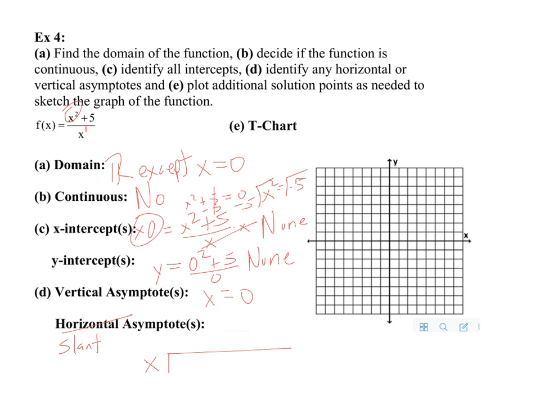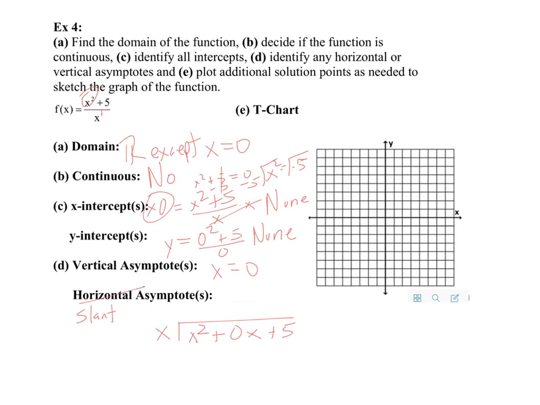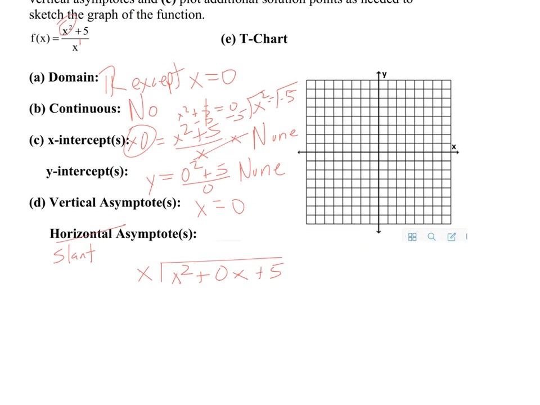You're dividing x into x squared plus 5, so don't forget the 0 coefficients. All right, let me scoot down here a little bit. So do your long division.